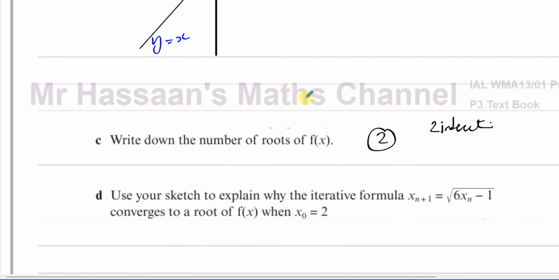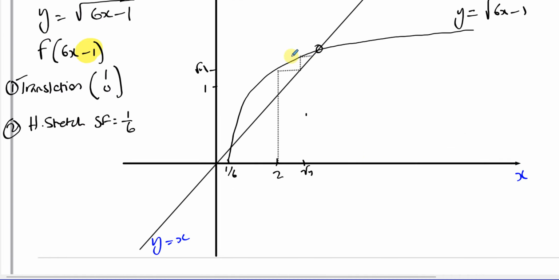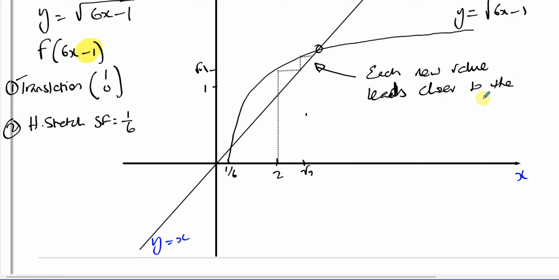Okay, so how would we explain this? Use your sketch to explain. We can draw this and show that each new value leads closer to the root. I suppose that would be closer to the intersection, therefore the root.